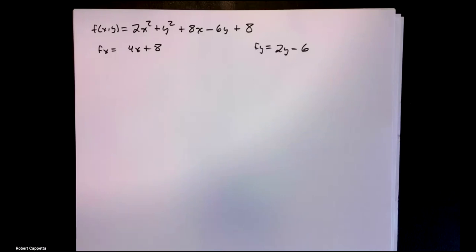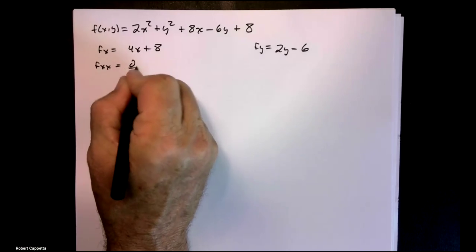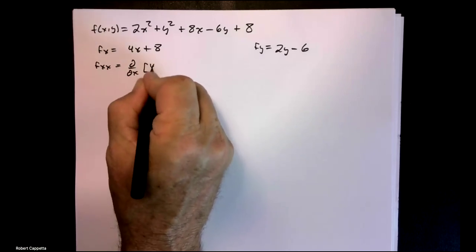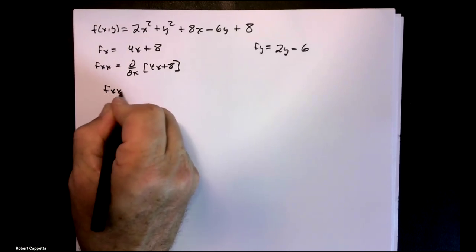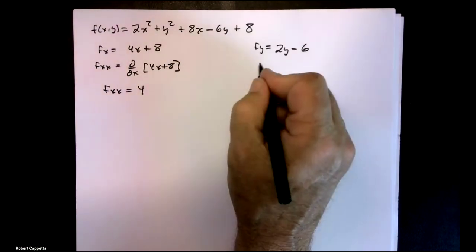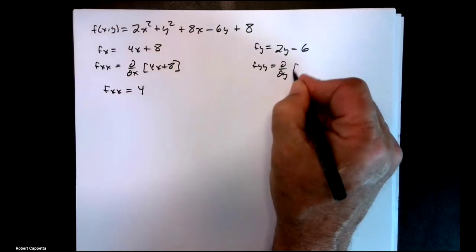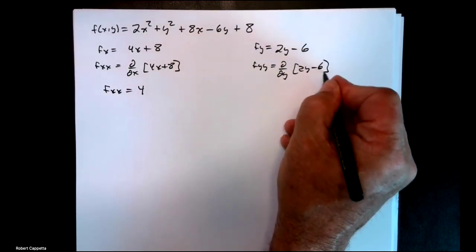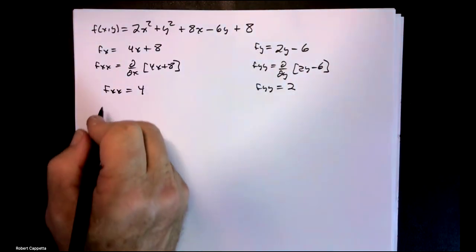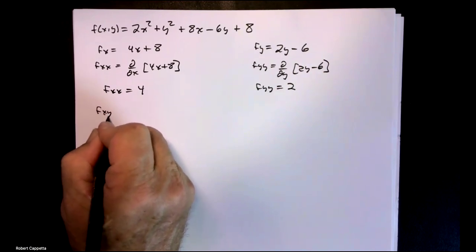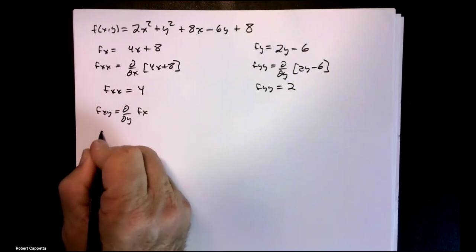So we need to find the second order partials. For example, I need f sub x, x. That's the partial with respect to x of 4x plus 8. So fxx is 4. How about f sub y, y? That's the partial with respect to y of 2y minus 6. So fyy is 2. We can also get f sub x, y, the partial with respect to y of f sub x.